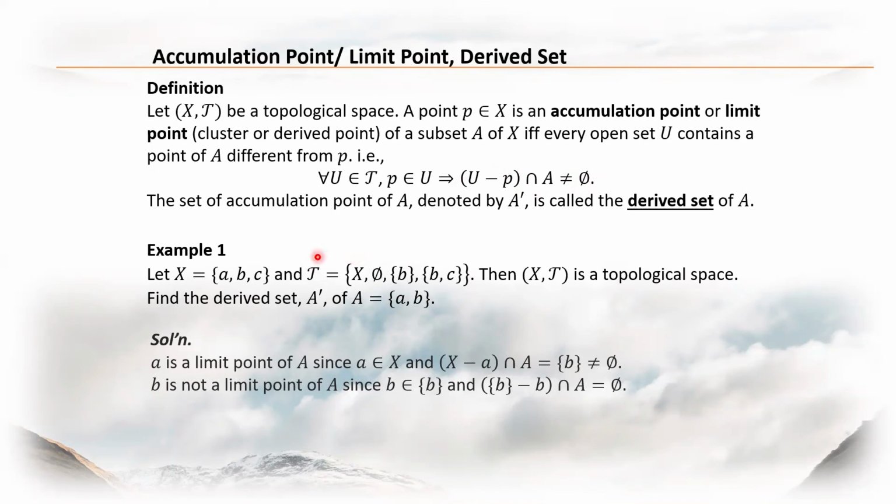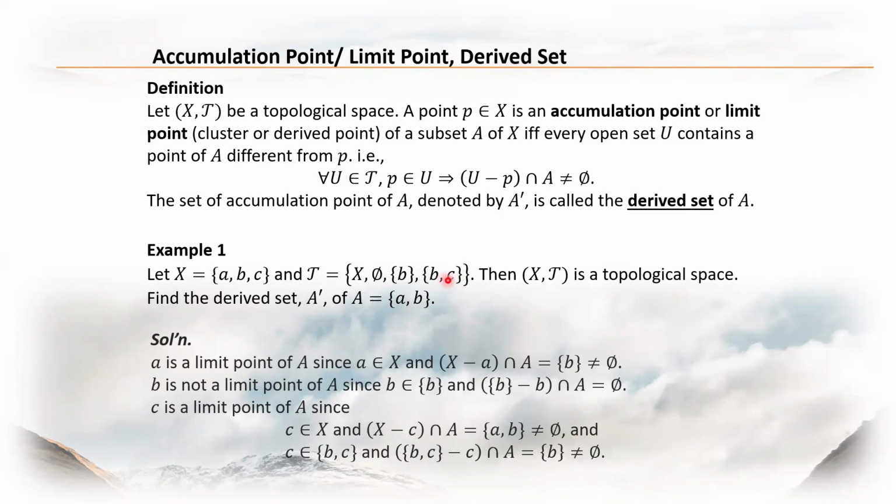So what can we say about c? c is an accumulation point or a limit point. And this is described here in detail. So c is a limit point of A since c belongs to X, which is a set belonging to tau that contains c. And then the intersection of X minus c with A is {a, b}, which is not empty. And we have also to check the other sets that contain c.